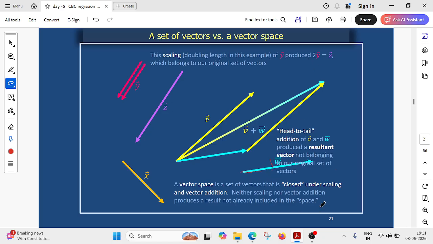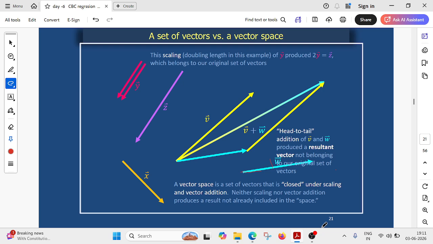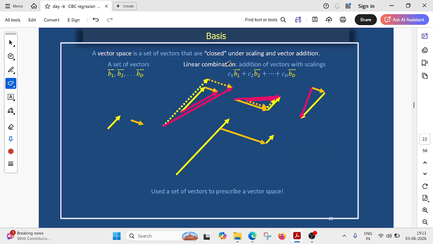Neither scaling nor vector addition produces a result not already included in the space. Next, basis. A vector space is a set of vectors closed under scaling and vector addition. Then suppose you have taken these vectors: linear combinations of these vectors are formed with addition of vectors and scaling.